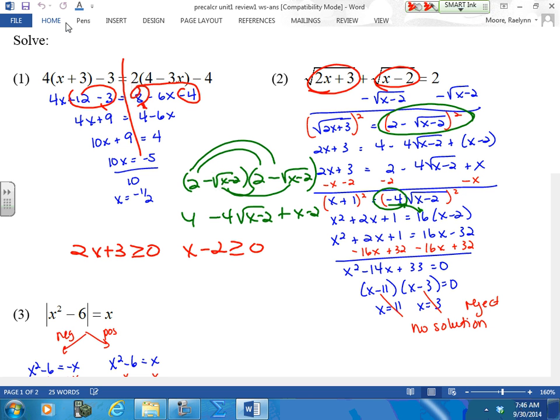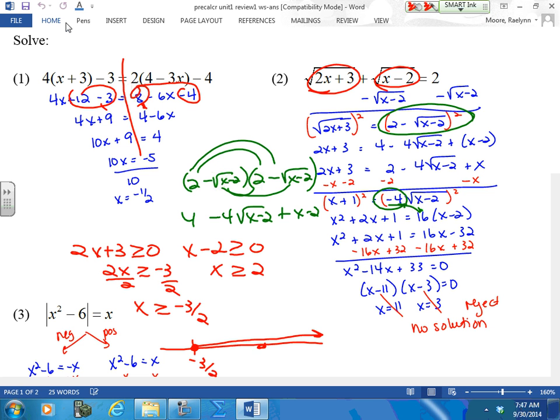So we subtract 3. And you're still dividing by a positive, so nothing changes. Here's your number line, negative 3 halves. This guy, add 2. And so at the 2, what's going to be your restricted domain?